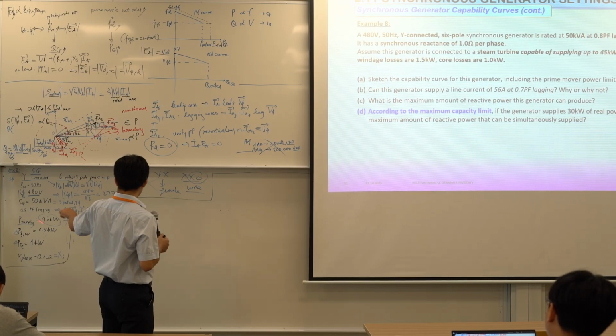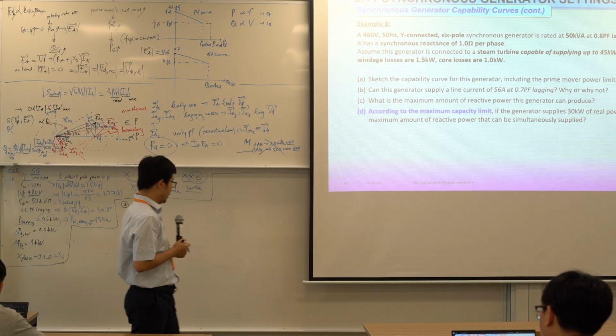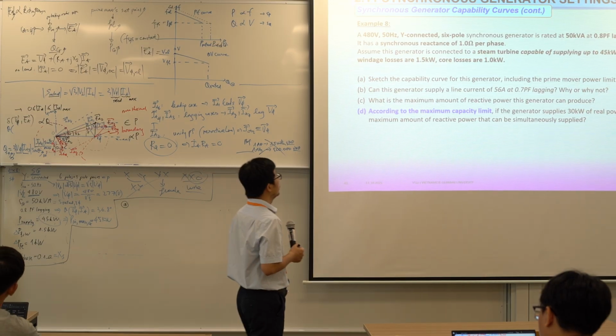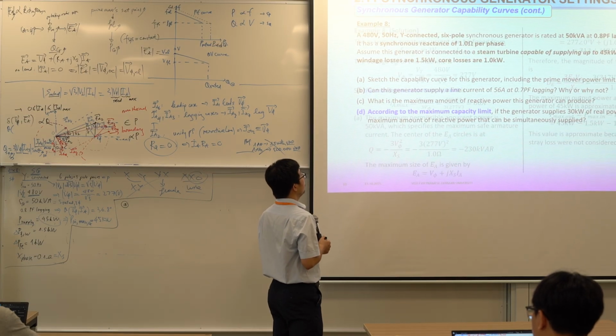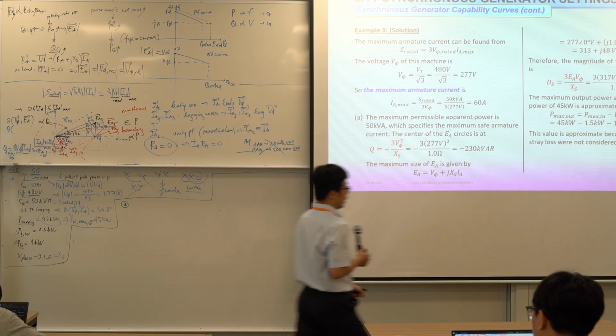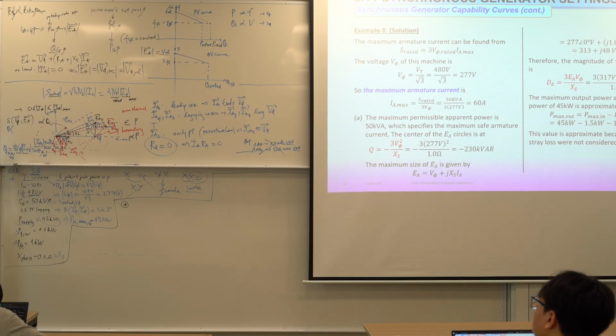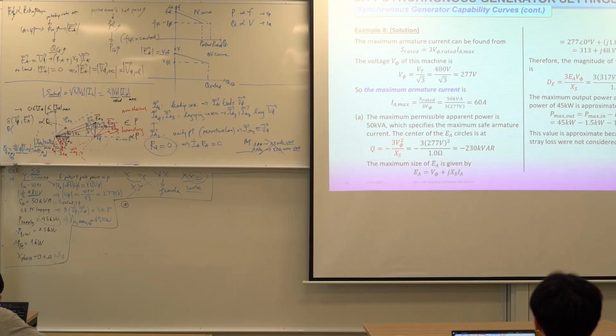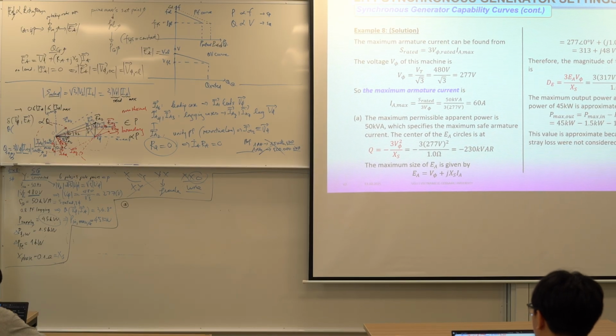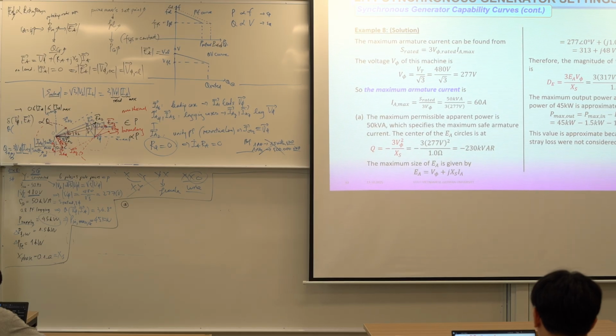This one is the prime mover power limit, 45 kilowatts. So how can we get the answer? We need to calculate this one.